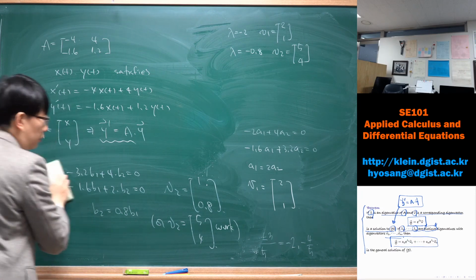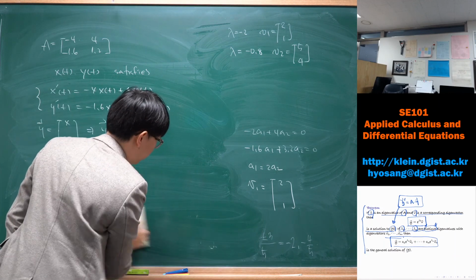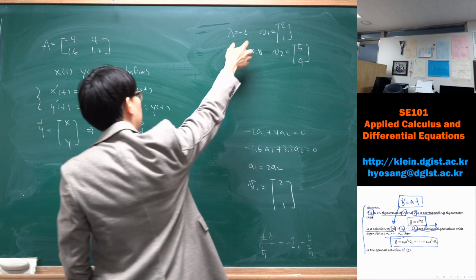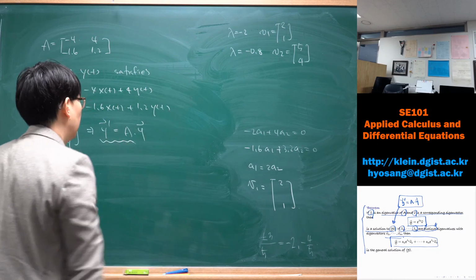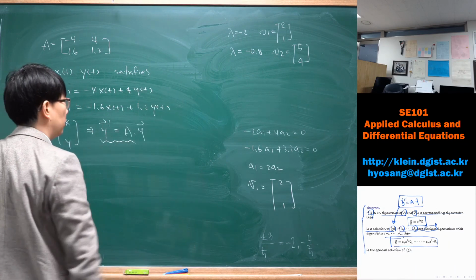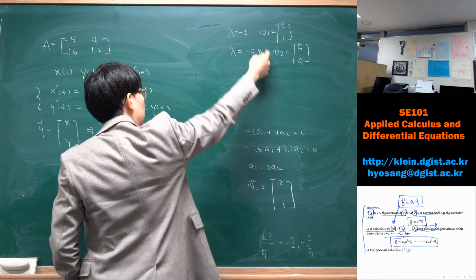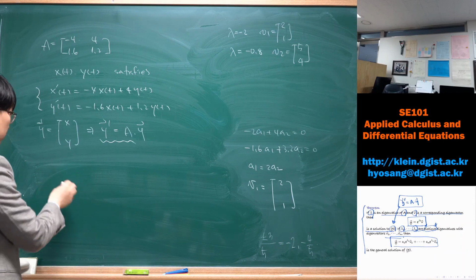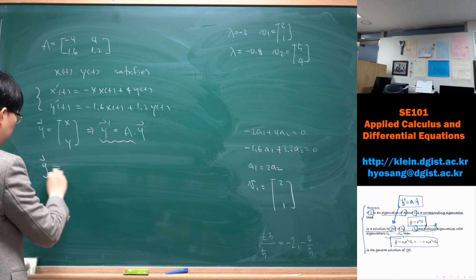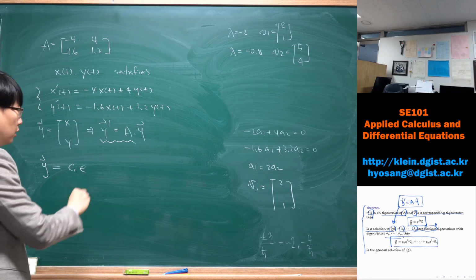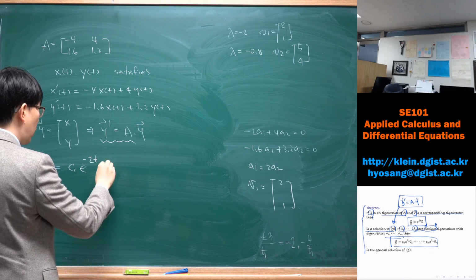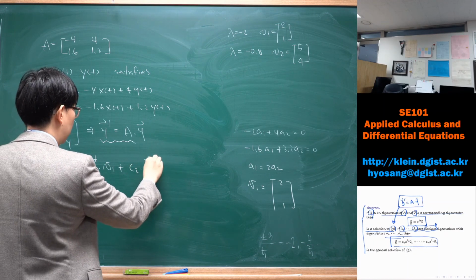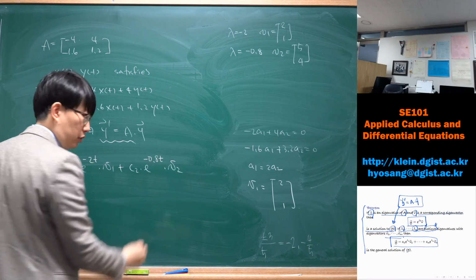Okay? So now what does this theorem say? It says if you know the eigenvalues, and the eigenvalues are all distinct, and since there are two equations and we have two distinct eigenvalues, then the general solution is y equals c1 e to the negative 2t times v1, okay, plus c2 times e to the negative 0.8t times v2.